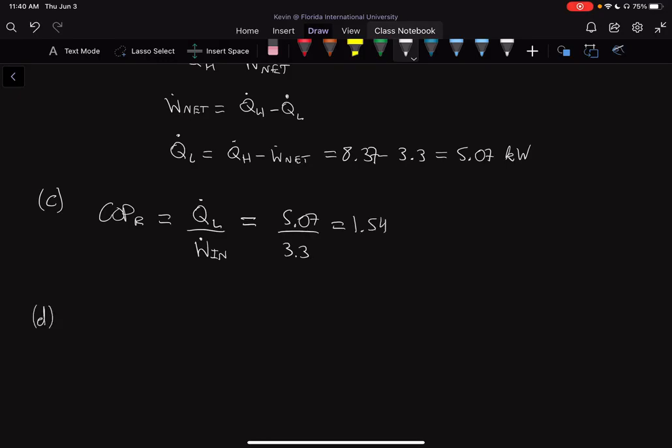In part D, we're asked to find the minimum power input to the compressor.